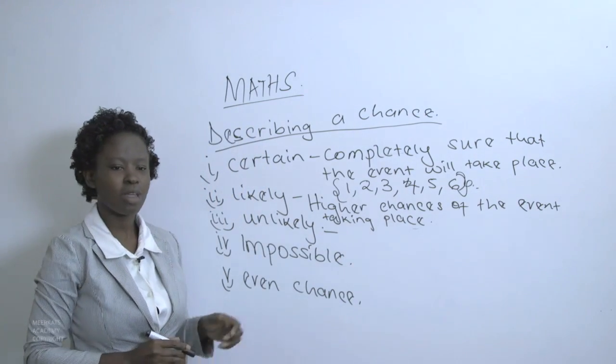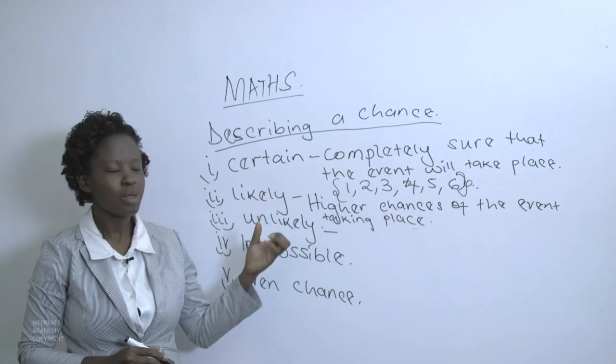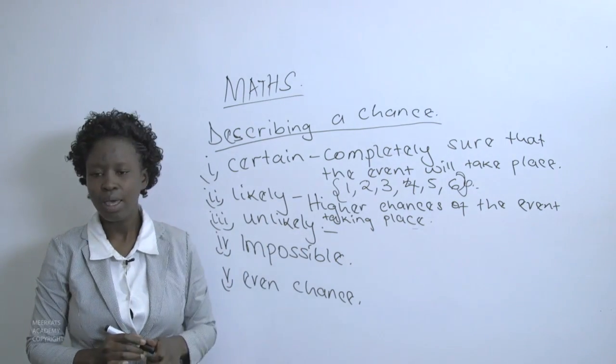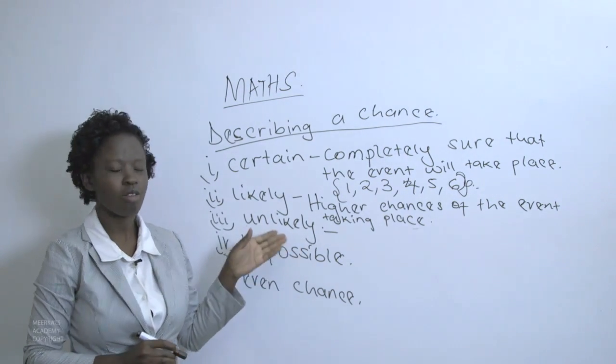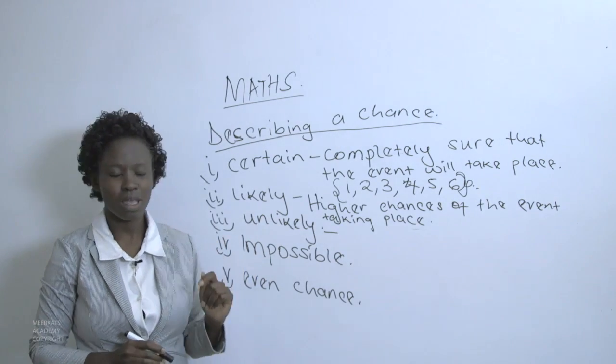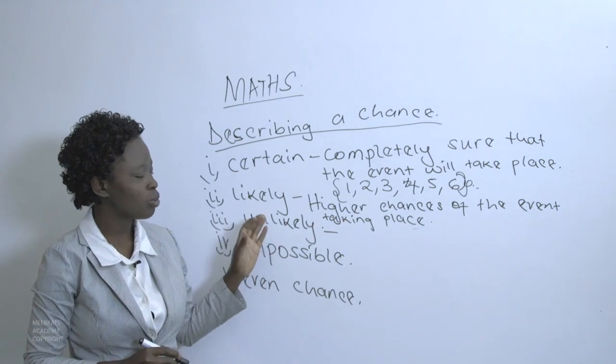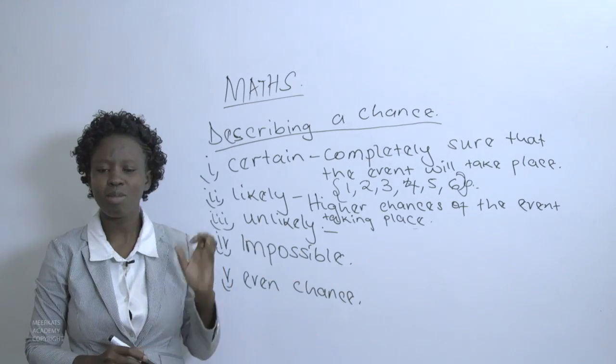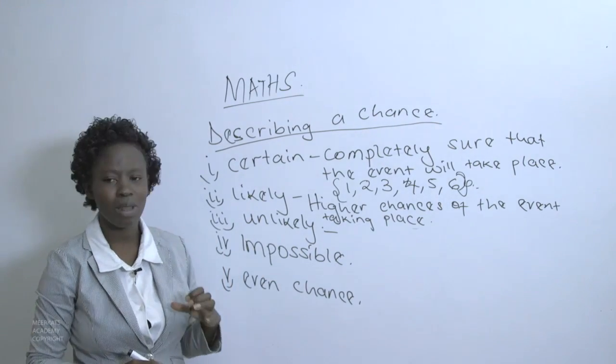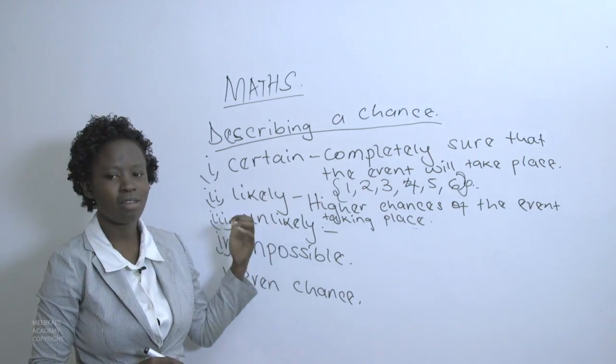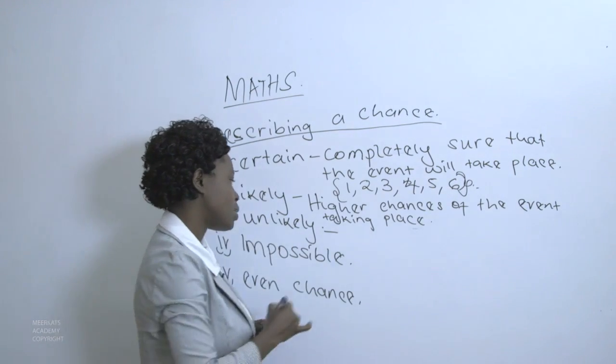Then another word that we have is unlikely. We use unlikely where there are very minimal chances of that event taking place. If the event we are projecting has very minimal chances of taking place, then we say that the event is unlikely to happen.